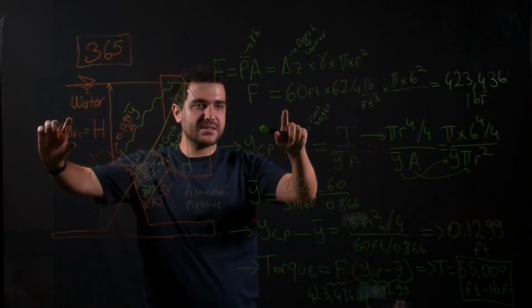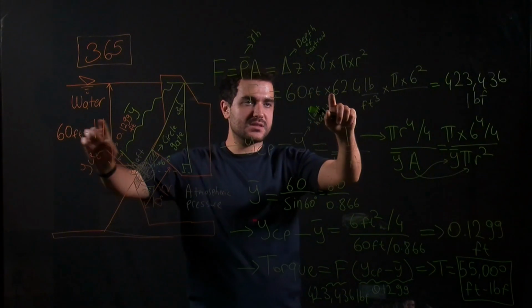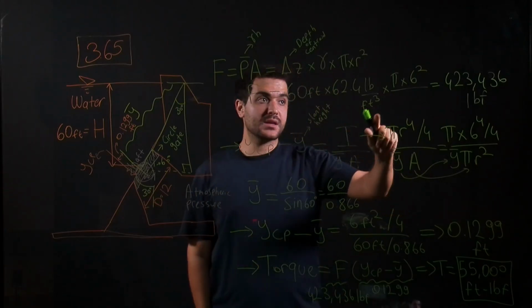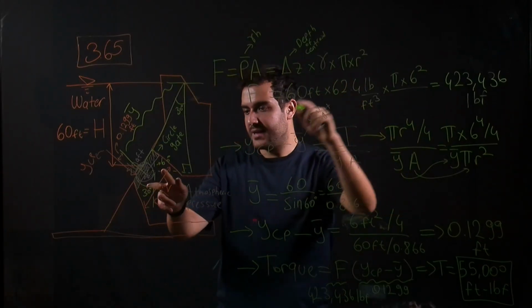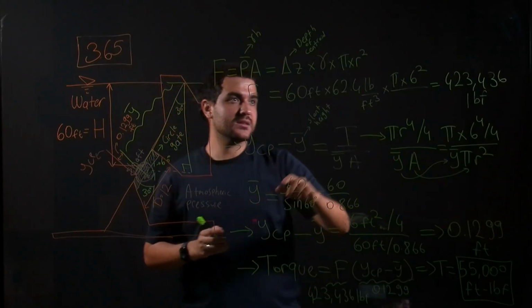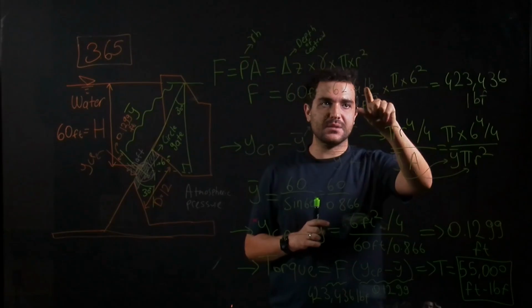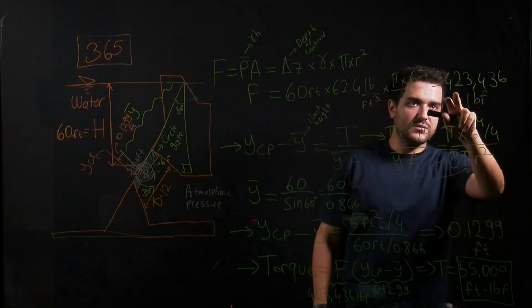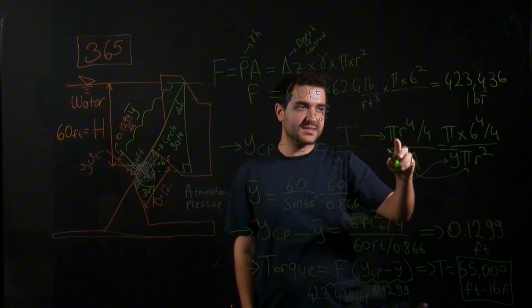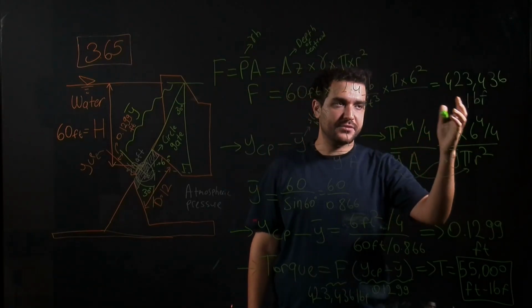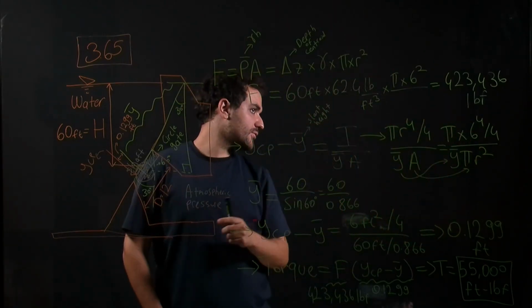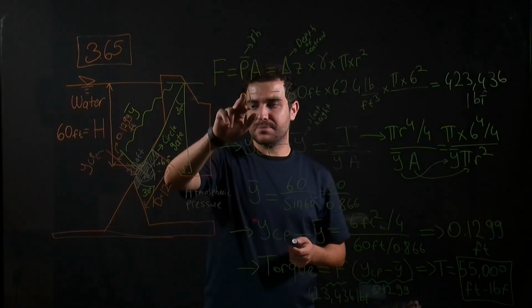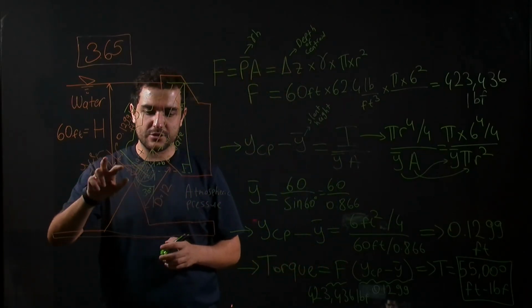The depth is 60 feet as given here, and we have specific weight as 62.4 pound per cubic feet, times the area of the gate. A butterfly valve is a circular gate, so it will have area pi times r square. From here we get the hydrostatic force as 4 3 6, 4 3 6 pound force, so it is 400,000 and 436.